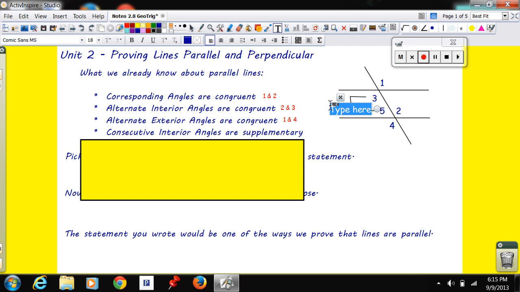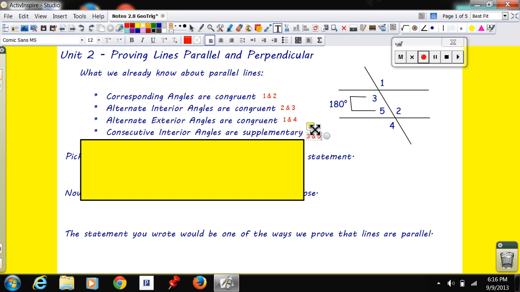They're going to be supplementary. So that is the meaning of supplementary angles. When they add up to 180, these are called consecutive because they're right next to each other and they're both interior. So consecutive interior angles. That's just a review of what we did before. So there's a quick review.